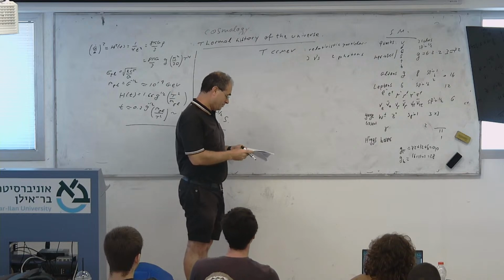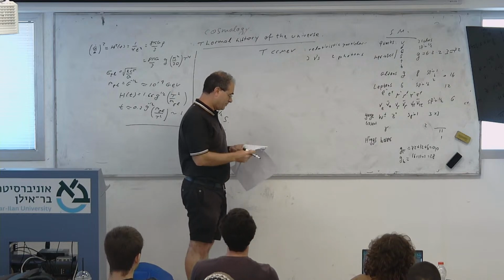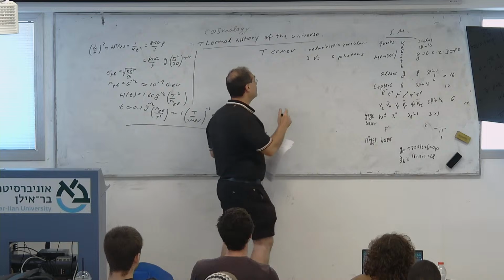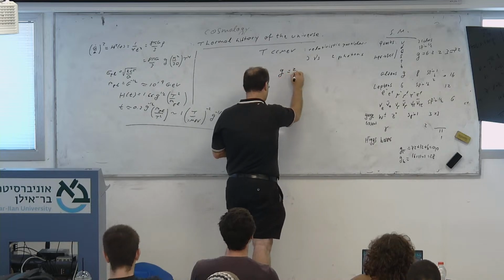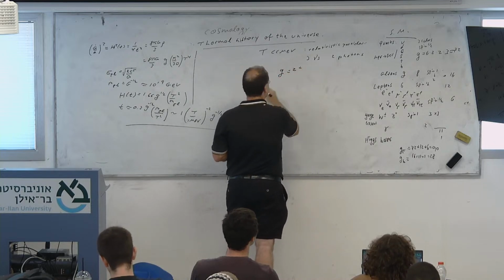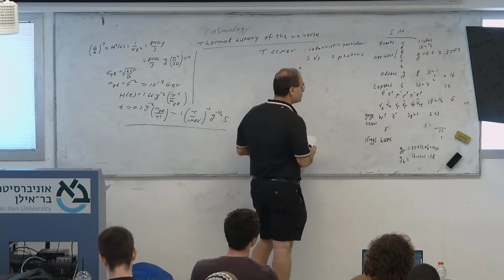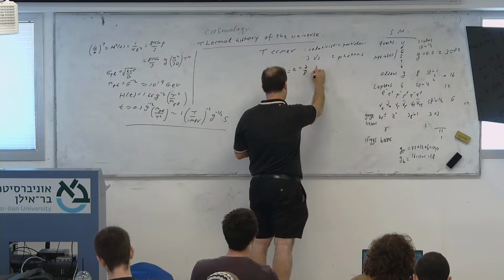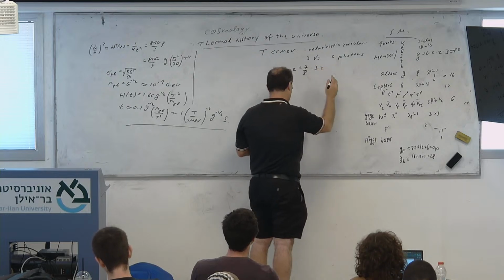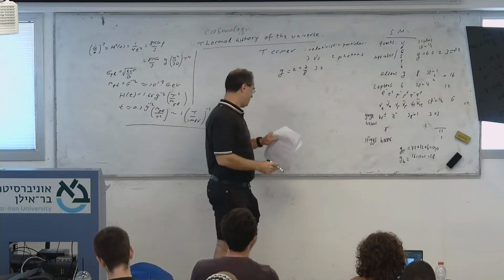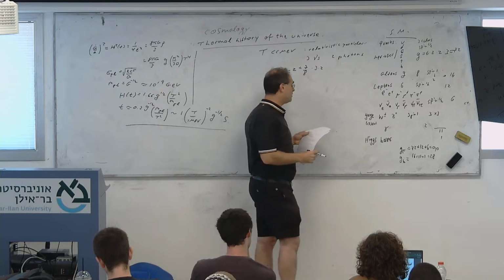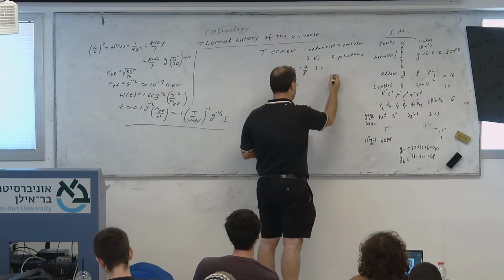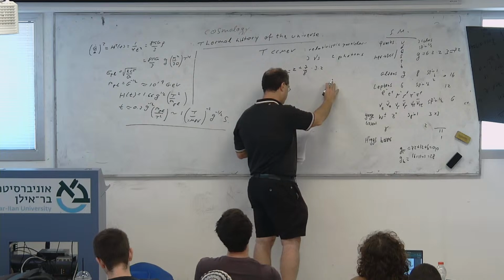So once we reach that, then we can say that g is 2 for the photons, plus for the fermions we had 7/8 times 3 times 2. And there is another one which I won't have time to show you, and that is that the T of the neutrinos is 4/11 the T of the photons.